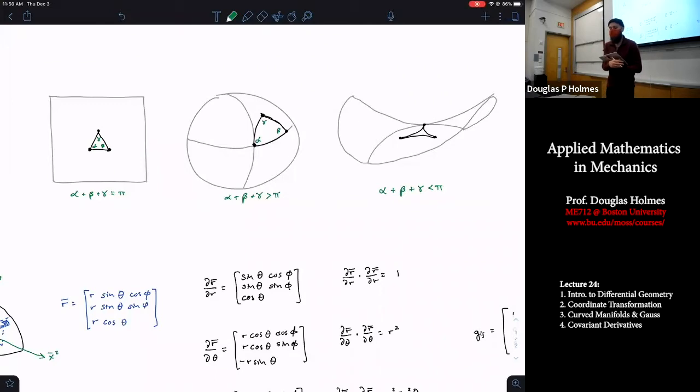This is done simply by being able to measure distances and angles on the surface that you're living on. That's why it's called intrinsic. If you're on this surface and you do not have any concept that there is a bigger world around you, so you are, this is always the analogy given here, an ant living on this object with no concept for the fact that you could leave the object.